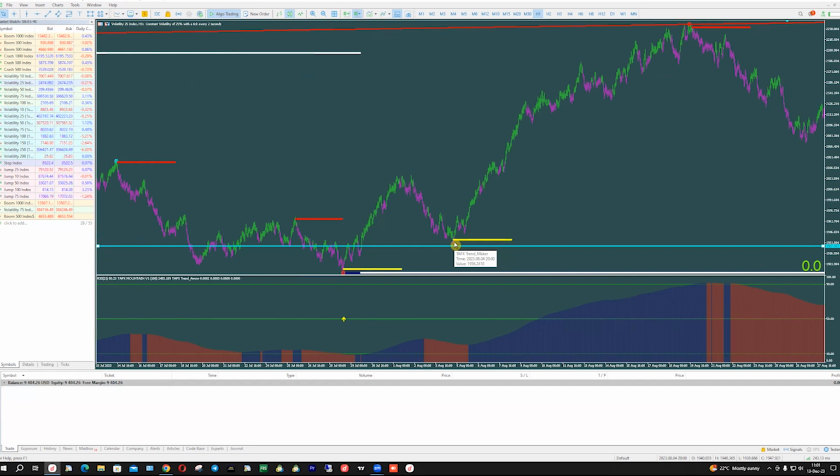So that one cannot be a reliable area until we check for areas that are not yet mitigated once or twice. Because you can take trades when the area is mitigated once or twice, but that is a 50-50 game.